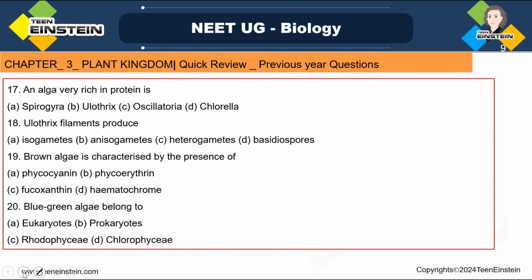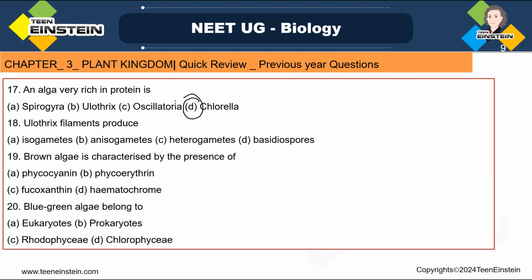Next is question number 17. An alga very rich in protein is, which will be that alga? Options are Spirogyra, Ulothrix, Oscillatoria, Chlorella. So here option D, Chlorella.